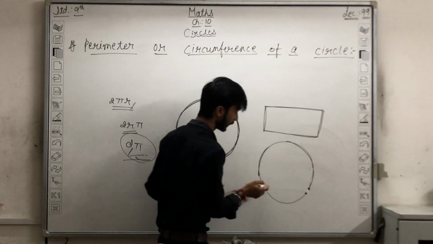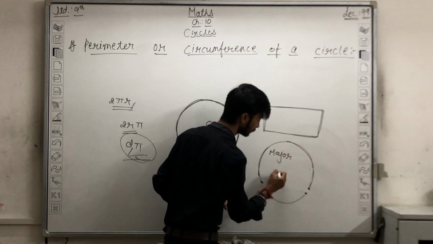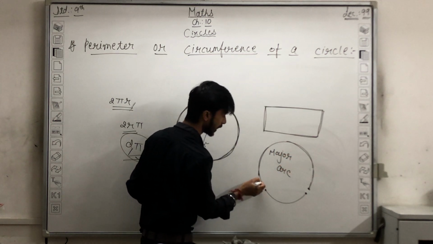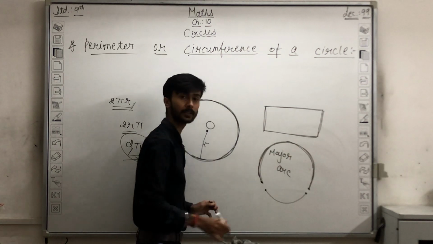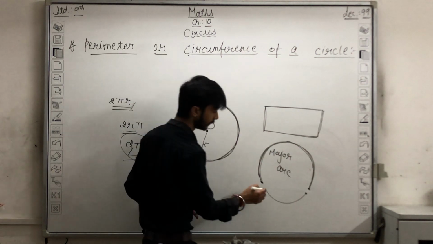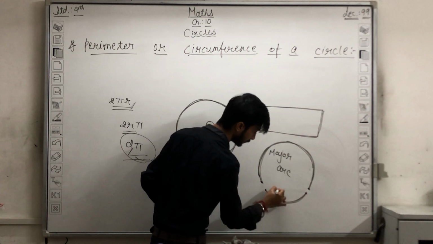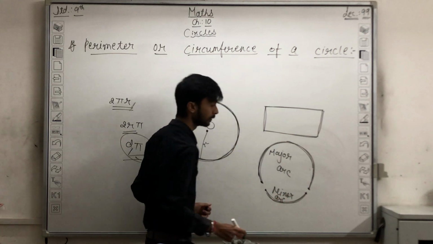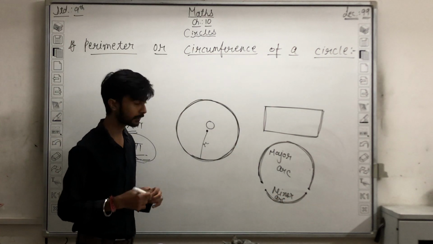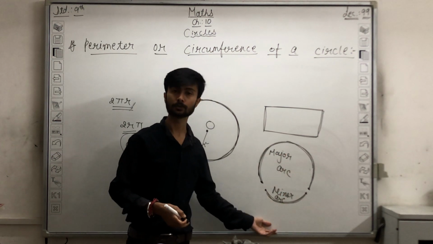This portion you can see is the major arc. And this arc is called the minor arc. So in a circle there are two arcs, the major which is bigger and the minor which is smaller.